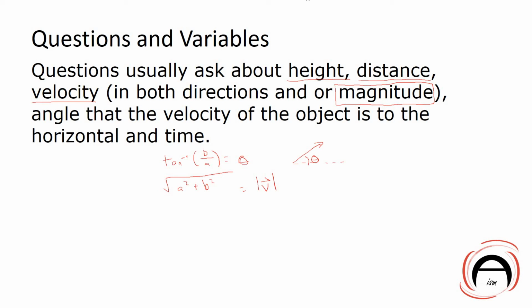So they're more like puzzles. A lot of them are multi-step. You may have to use different kinematic equations, but you always want to go for that second kinematic equation before you go on to anything else, just to keep track of everything.